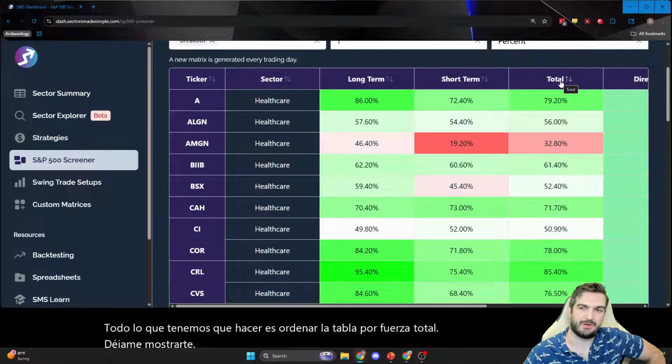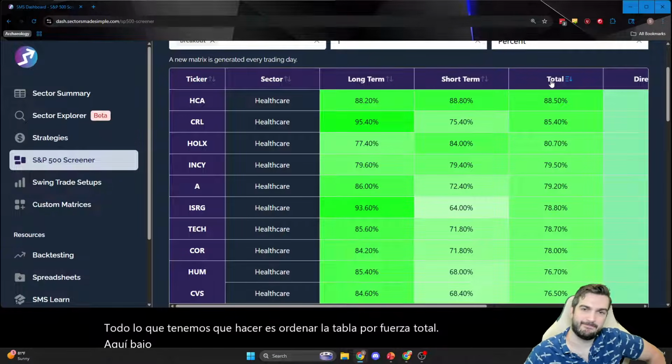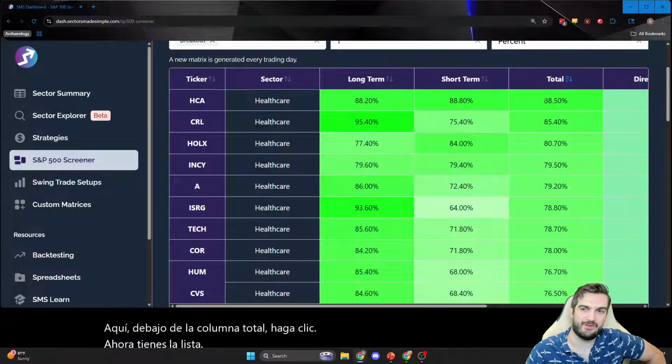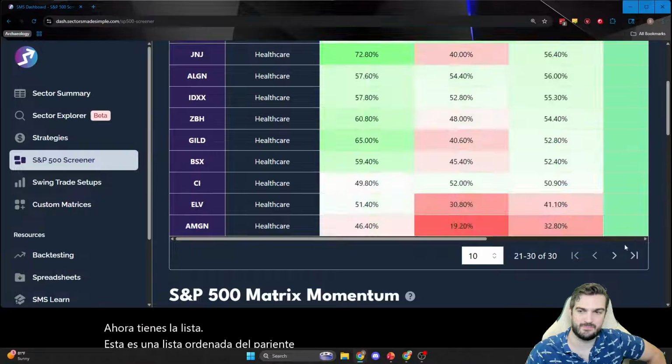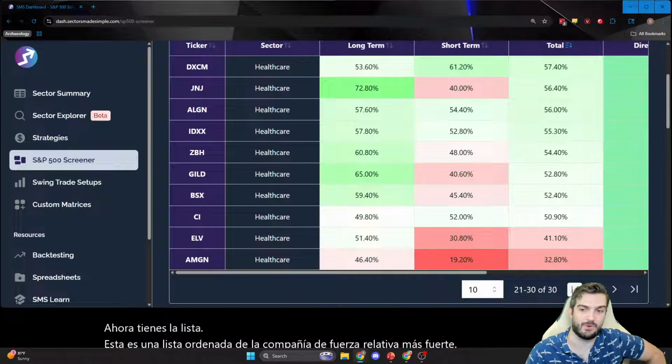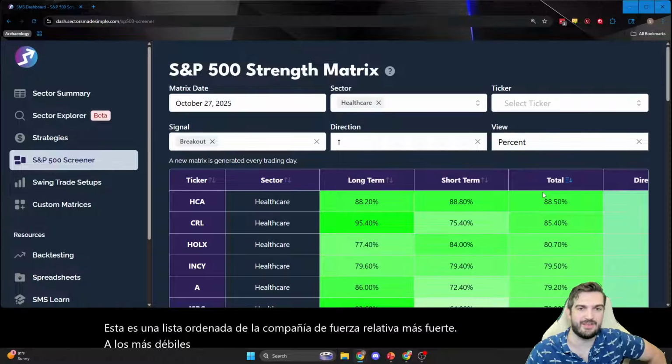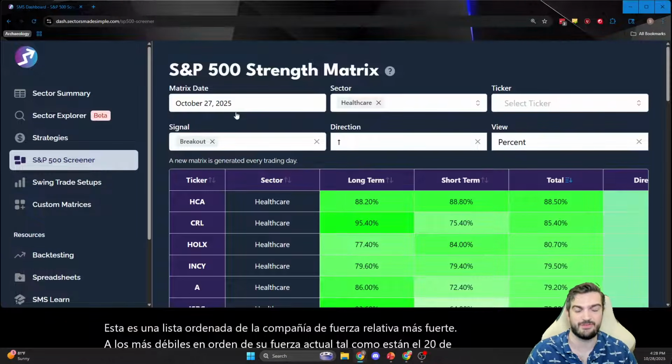Here under the total column, you click, now you got the list. This is an ordered list from the strongest relative strength company to the weakest, in order of their current strength as they stand as of October 27th, 2025.